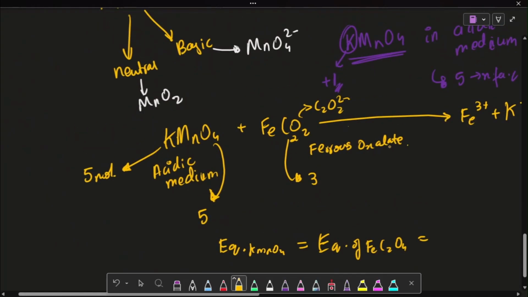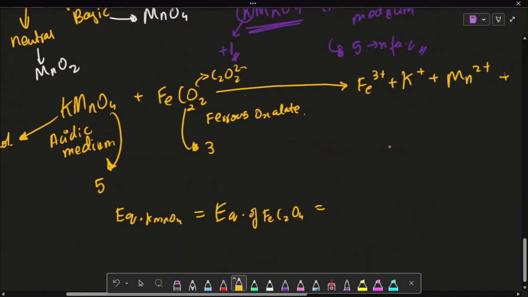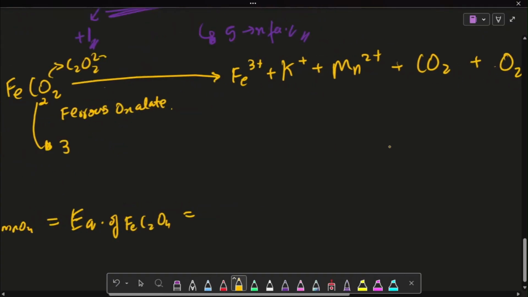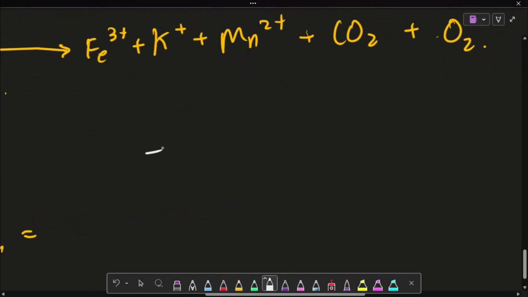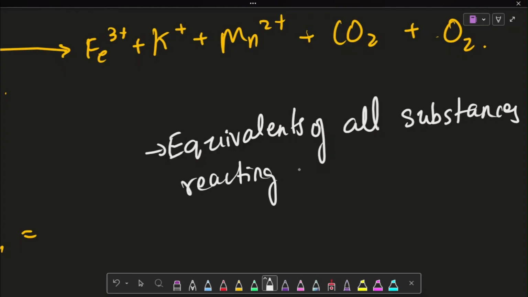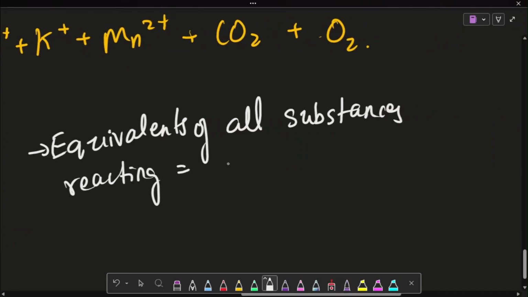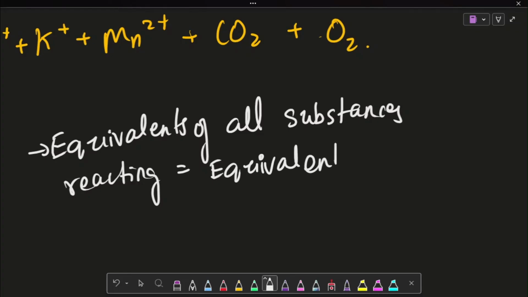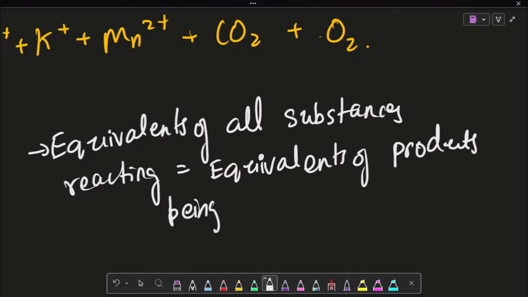Basically, the law of chemical equivalence says that equivalents of all substances reacting is the same as equivalents of products being formed.